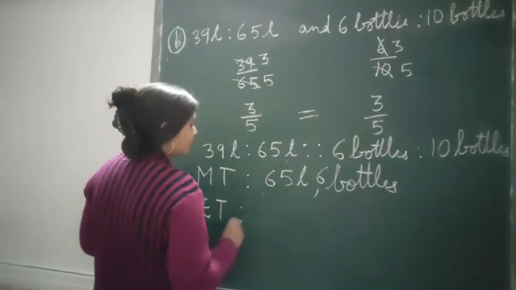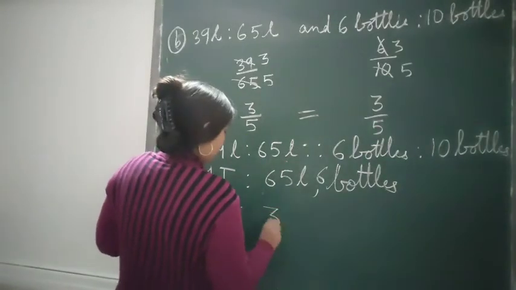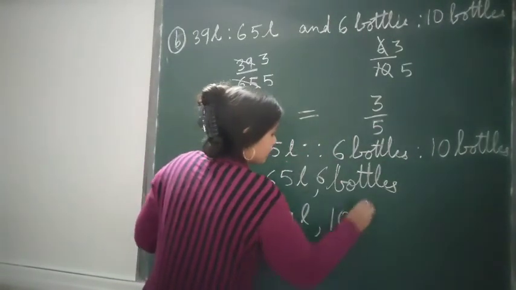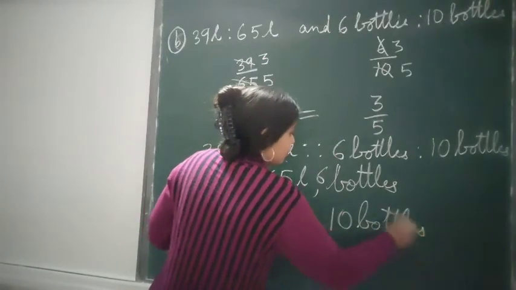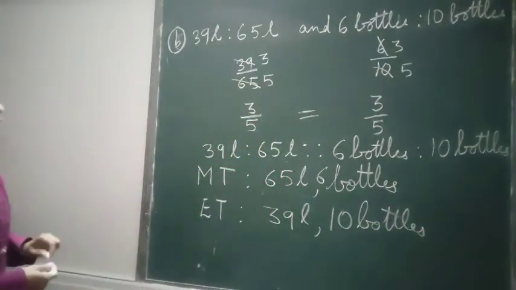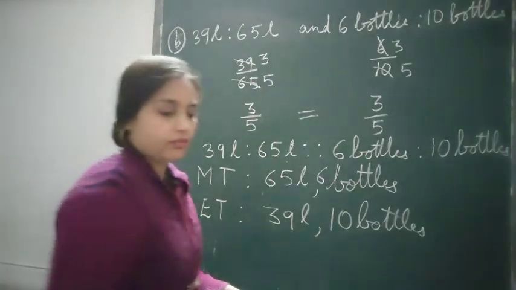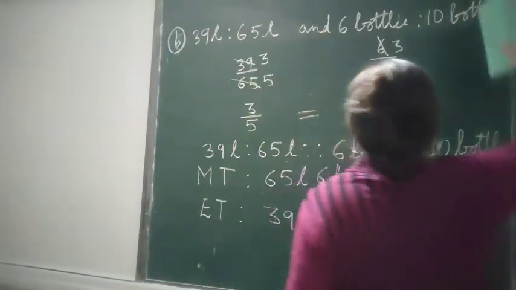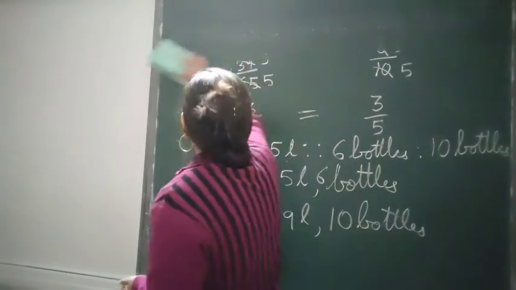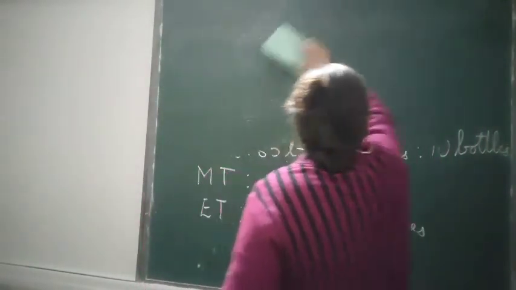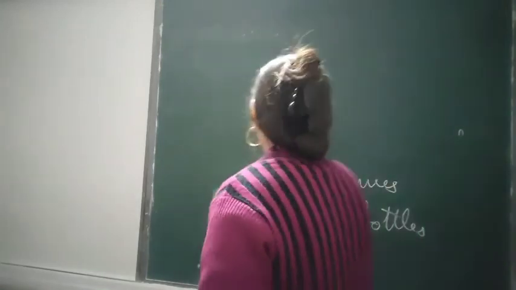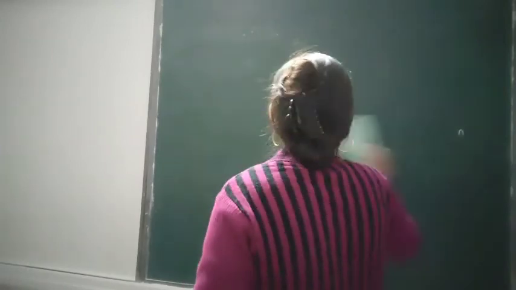And here extreme terms, 39 liters and 10 bottles. Okay, so this completes the B part. Then we move to the C part, children. Starting with the C one now.